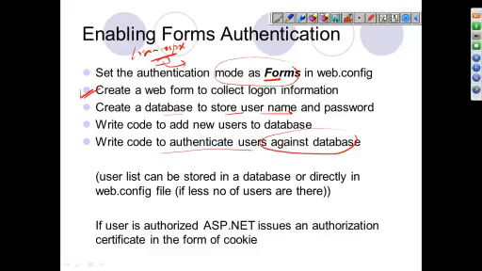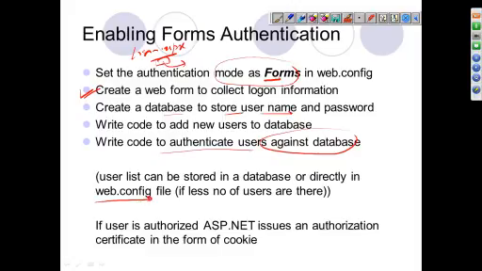Now we know ADO.NET, we can create a user table in the database with user ID and password, and write code to match the information entered in the text boxes against the database table. If we have a small number of users for our application, say 4 or 5 users, instead of maintaining that user list in the database, we can maintain the same list in the web.config file also.